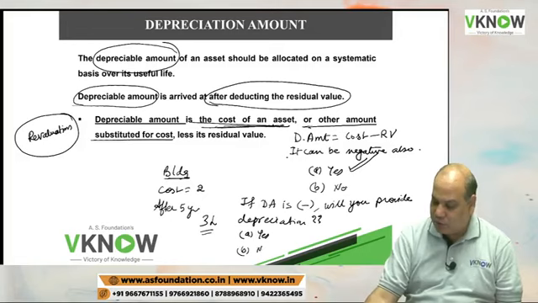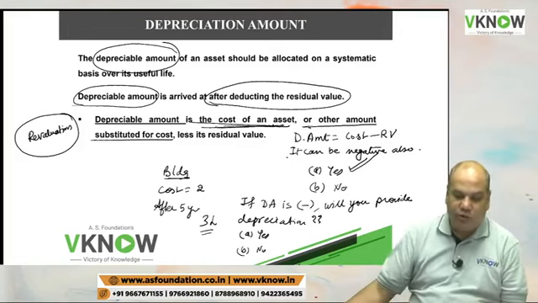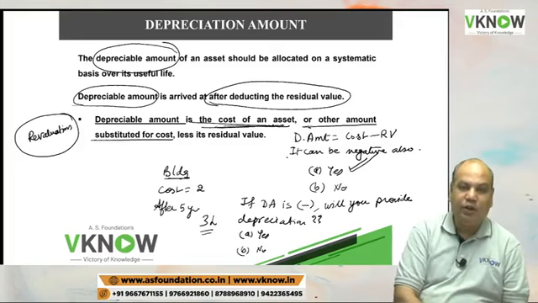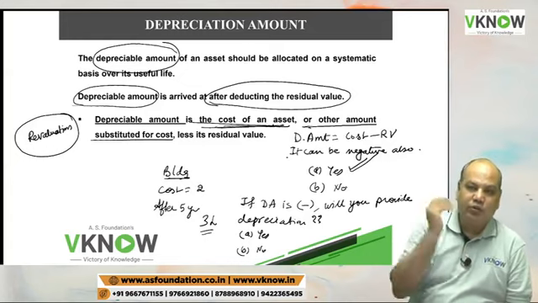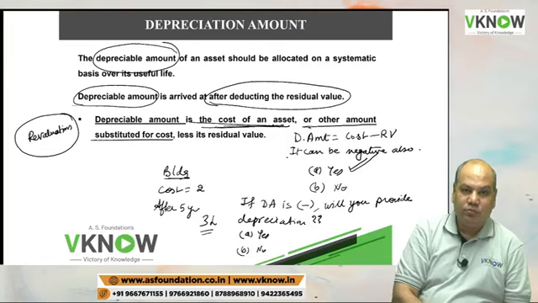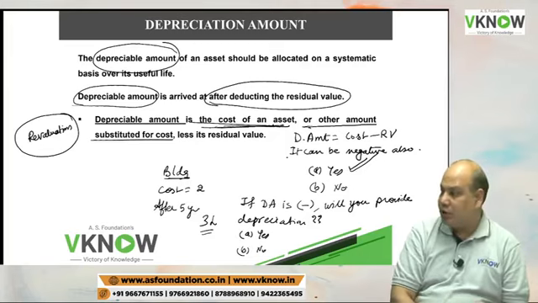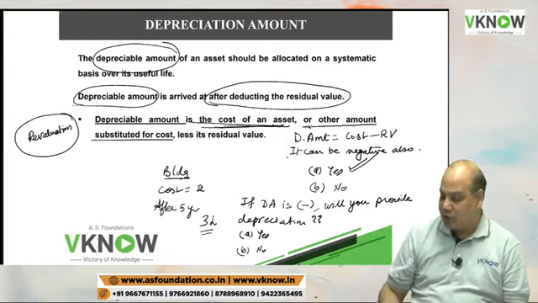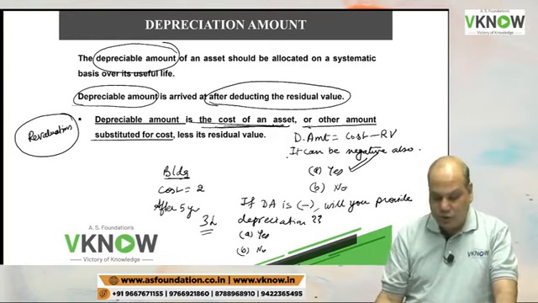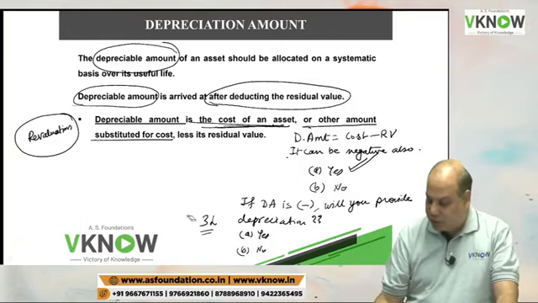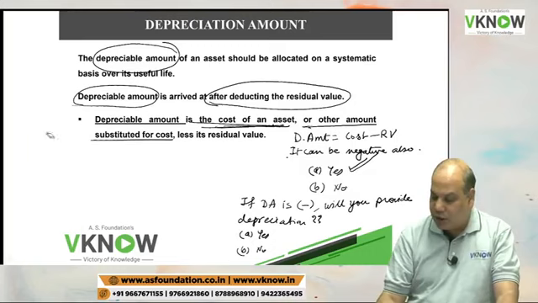Option B, no. It can be negative when the residual value is more than the cost. Possible. In case of assets like a building, the residual value is sometimes more because the value of the building appreciates very fast. So my question is, if your depreciable amount is negative, will you still provide depreciation?